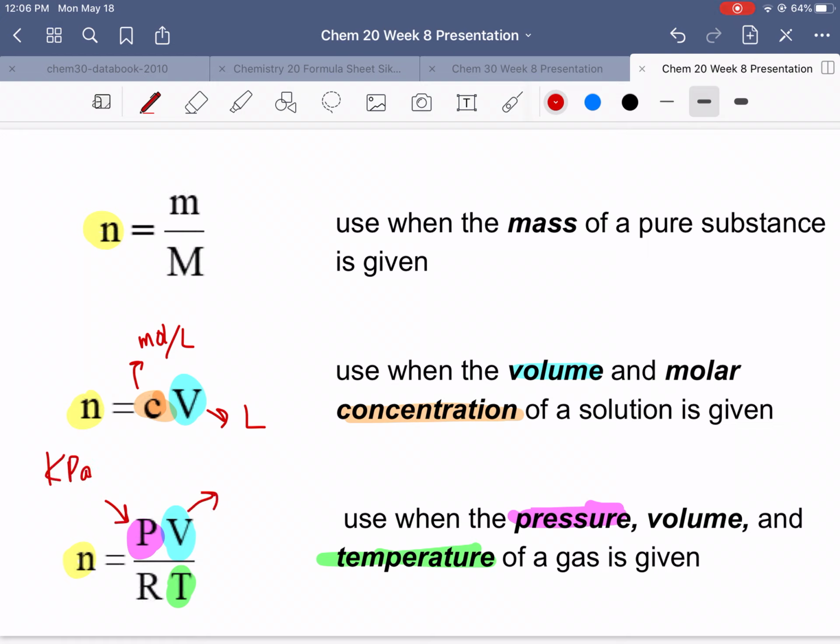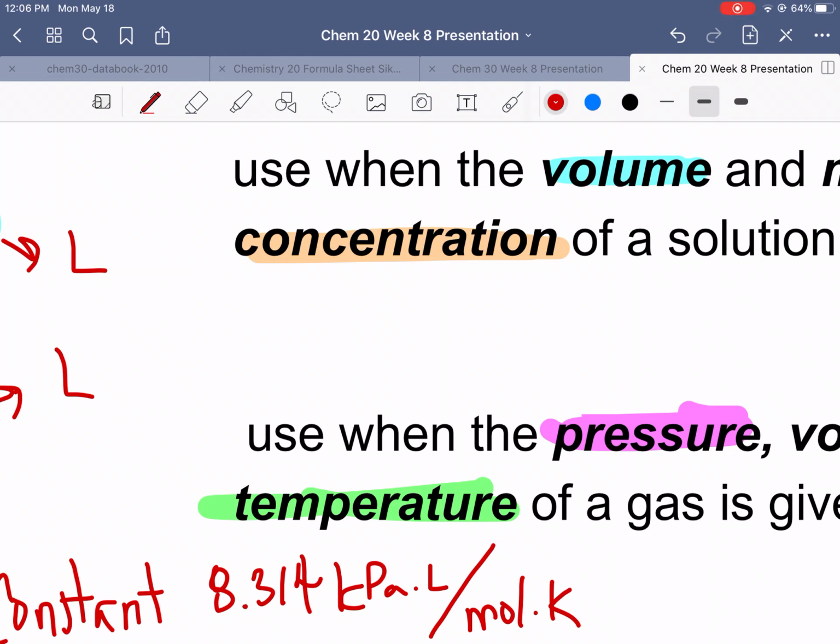Kilopascals times liters over moles per Kelvin. And the hint that I gave you when we were in the gas laws unit, which is unit B, is by seeing those units, you know that you're going to have pressure in kilopascals. You know that volume is going to be in liters. You know that you're going to have temperature in Kelvin. And that's because they're written there right into the context of the universal gas constant.